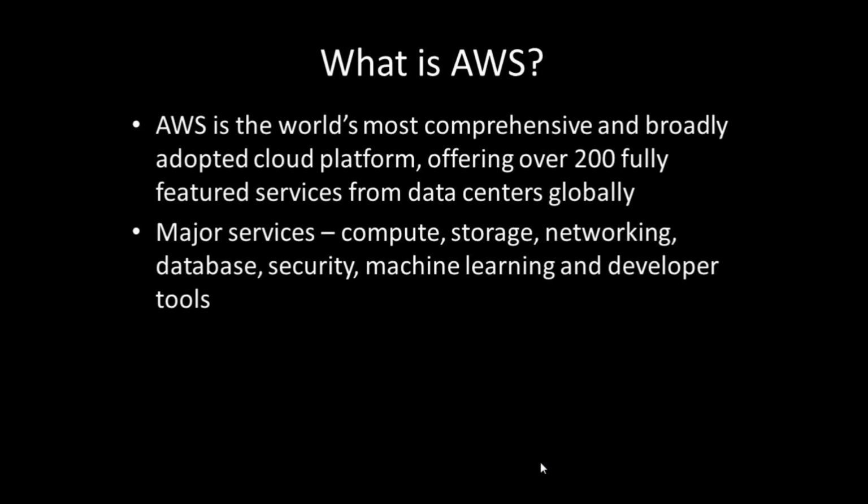Then we have networking services, then databases. AWS provides both the RDBMS, relational database, as well as NoSQL database, fully managed services. Then there are also services available with respect to security, machine learning, and also developer tools, which helps us for CI/CD, that is continuous integration, continuous development, or the DevOps.